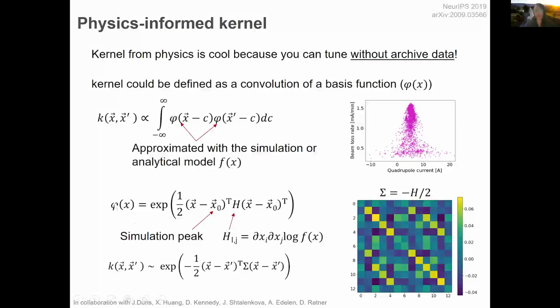And then from this basis function, we computed the autocorrelation, and we got this kernel function where now the precision matrix is negative the Hessian divided by 2, and you can see that it has not only the diagonal but also the off-diagonal elements. So in a faster calculation, we got the whole matrix from a physics simulation.